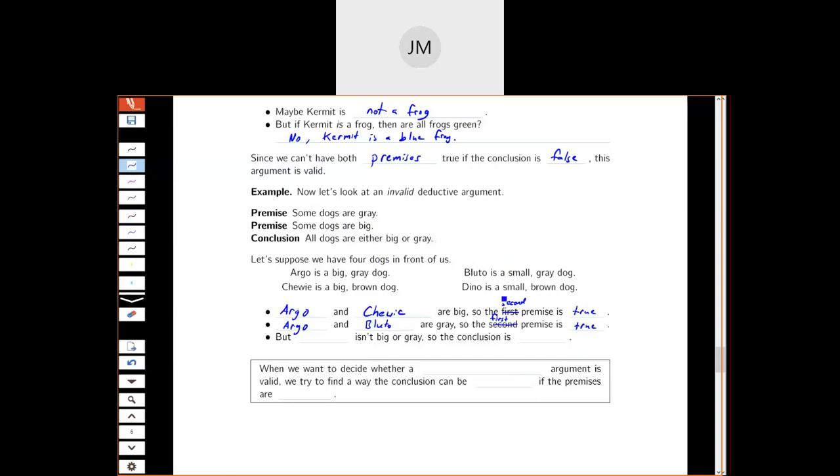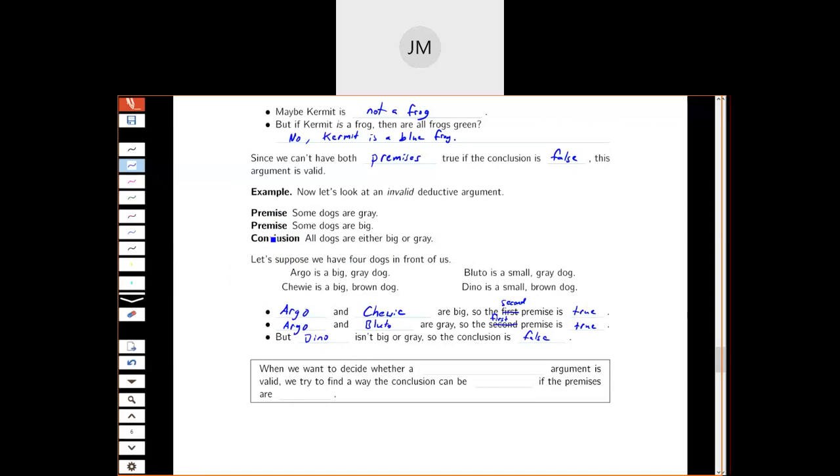However, we have a dog here that is not big, right? Dino is small, and not gray. Dino is brown. Dino isn't big or gray, so the conclusion is false. So we can imagine a world in which the premises are true and the conclusion is false. That means that this is not a valid argument.